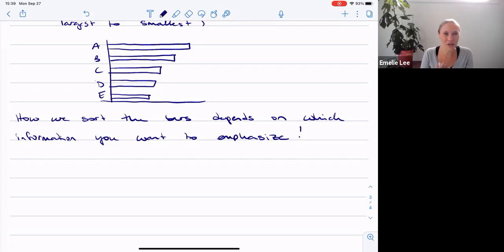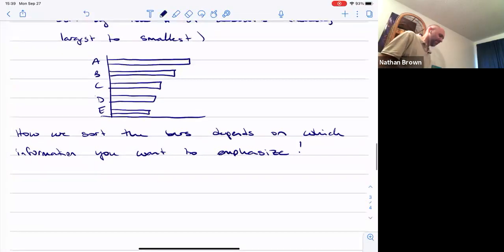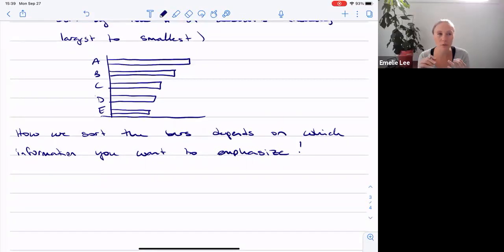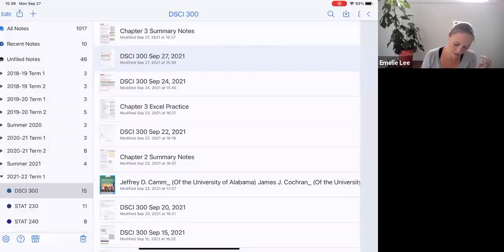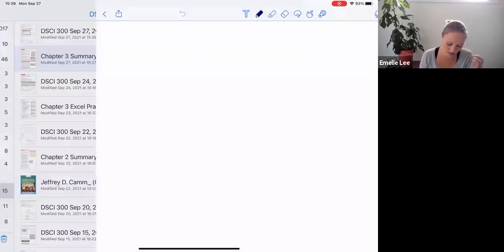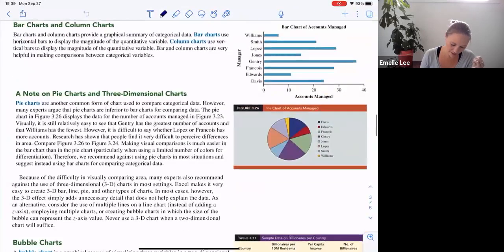Okay, good. So bar charts are going to be our go-to for categorical data, right? And I do want to make a note about these weird fancy charts. They're not fancy, they're just typically bad. We can make pie charts, and we can even make three-dimensional charts, especially in Excel.